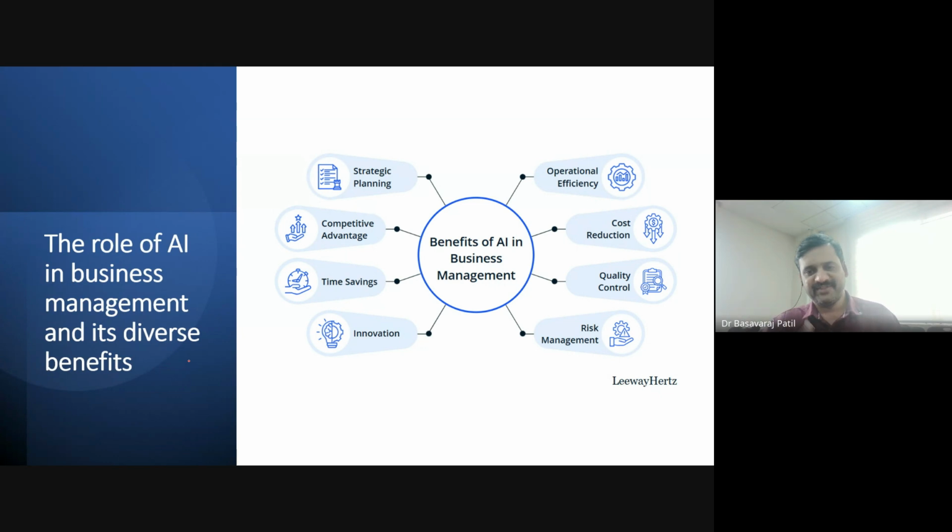And getting to the benefits, where we can apply AI technologies in business: strategic planning, operational efficiency, cost reduction, quality control, risk management, innovation, time saving, and competitive advantage. So all these are the major areas in business where we can improve the planning, save time, and apply new innovations.